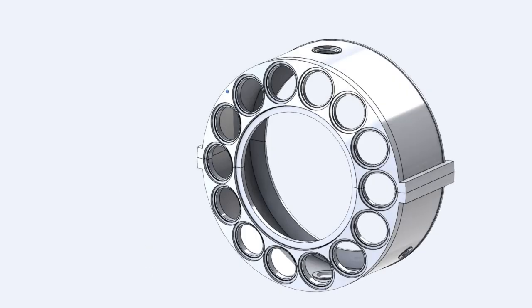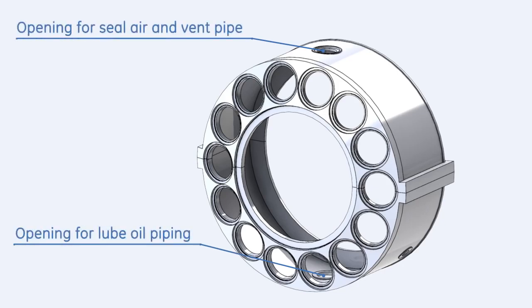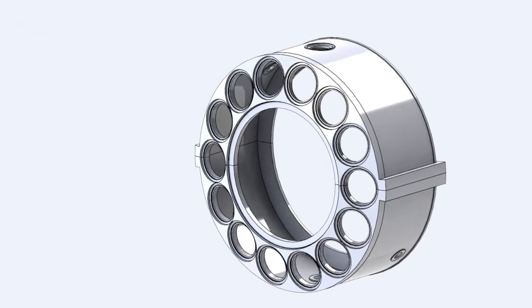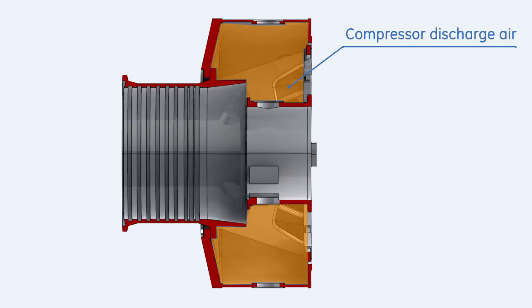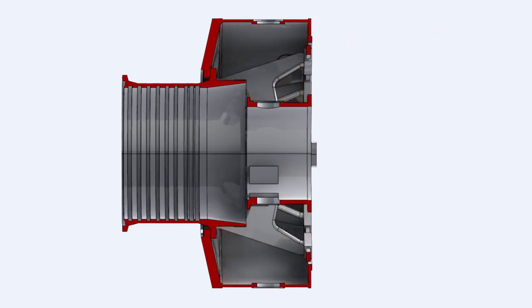The combustion wrapper is a fabricated horizontally split casing that encloses the combustion system. It provides a supporting surface for combustion chamber assemblies. The wrapper forms a large plenum, which receives the compressor discharge air. This air is directed upstream to the combustion chambers.